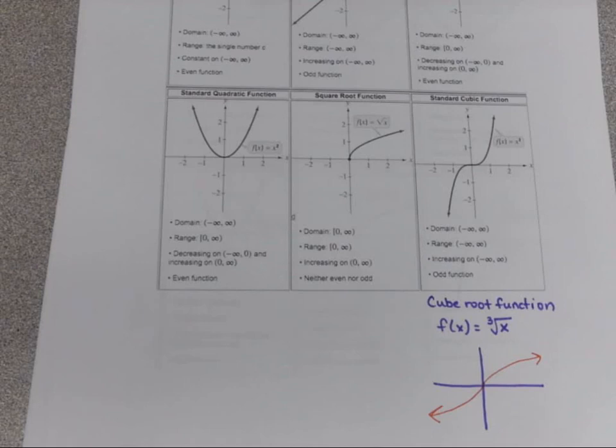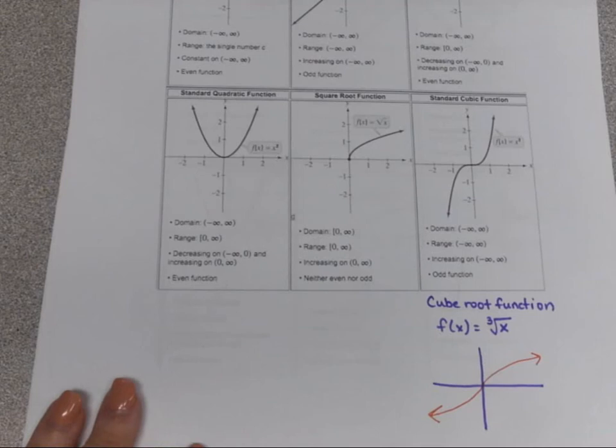We'd be looking for the number times itself 3 times that gave us -8, right? Which would be what? -2, okay? So this is A-okay, whereas the square root of -4, not so okay, right? So that's the difference between cube and square root. We can take cube roots of negative numbers much more easily than we can square roots of negative numbers, okay?